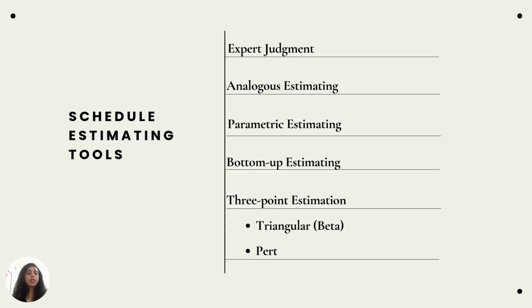And PERT is optimistic plus 4 into most likely plus pessimistic divided by 6. Since PERT takes more weightage on most likely, the results are more accurate. So if you get a chance, do PERT in your real life as well, because it gives more weightage to the most likely value.